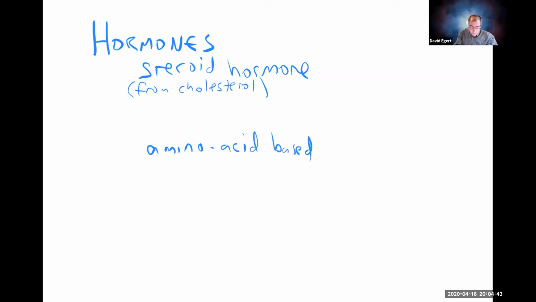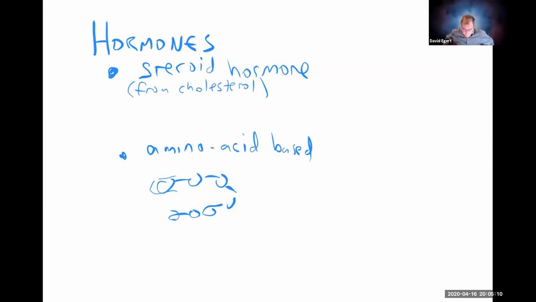Some of these amino acid based hormones, like adrenaline, are basically a modified version of amino acids. Other hormones like insulin are 37 amino acids connected together. So some hormones are actually peptides, like strings of amino acids. Other ones are modified versions of amino acids.